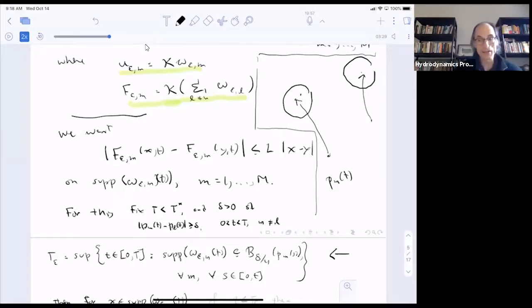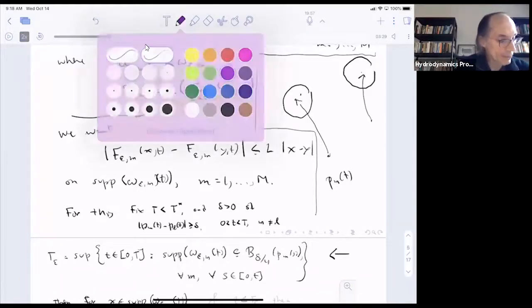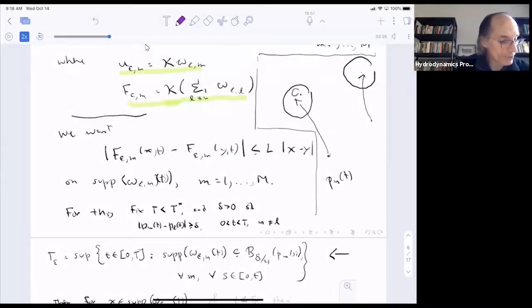The definition of T epsilon is such that at any time up to time T epsilon, the mth blob will stay contained within this ball of radius delta over 4 around the mth ODE trajectory. So the blobs stay close to the classical trajectories.